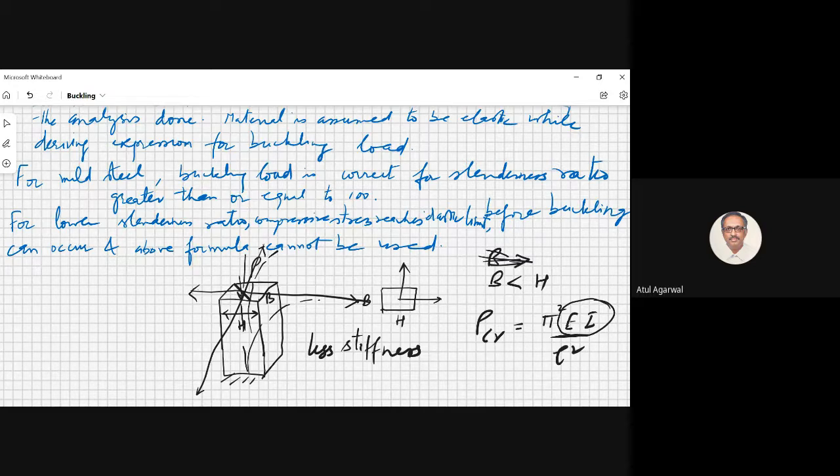So buckling will be in that direction, where your I will be less. So I is given by BH cube by 12. So this is your I, BH cube by 12. If your H is large.